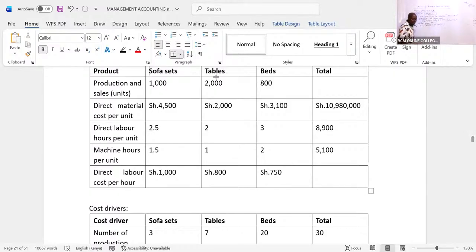Other labor hours go to beds. Direct labor hours are 2.5, 2 and 3, sorry for that. So 3 times the number of beds being produced, which is 800.